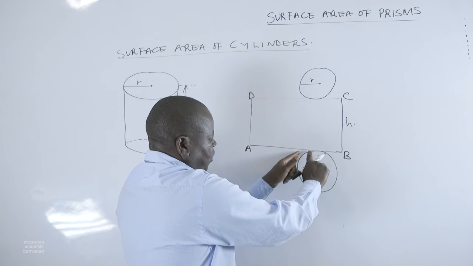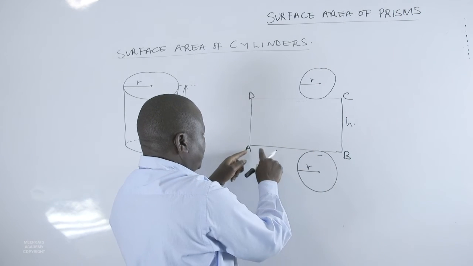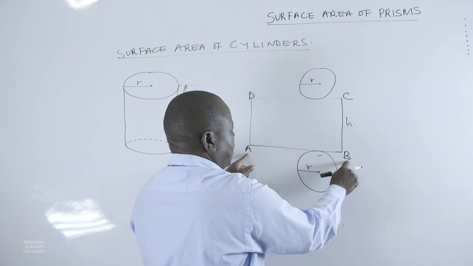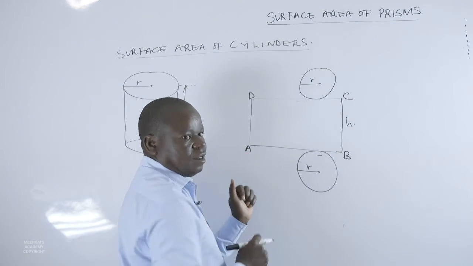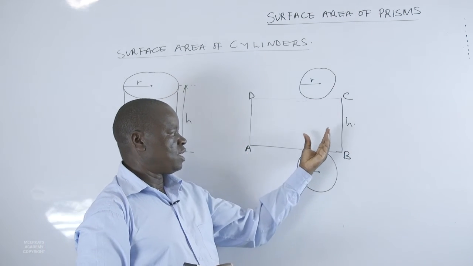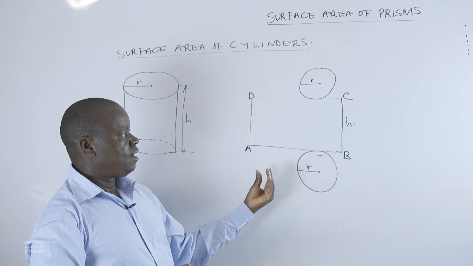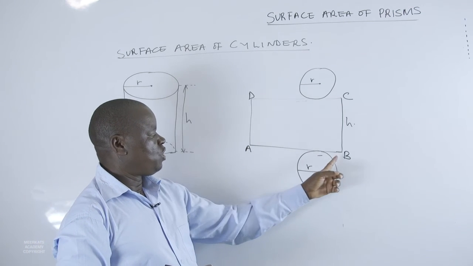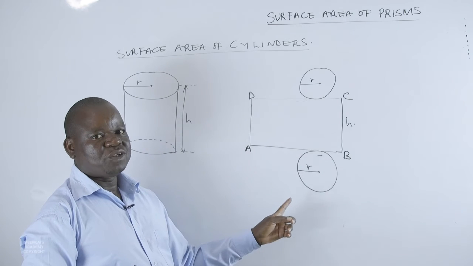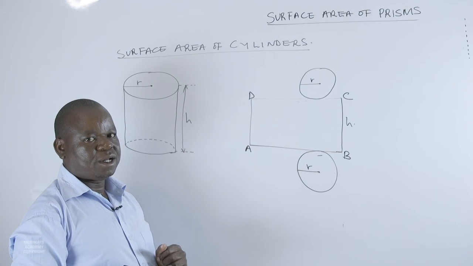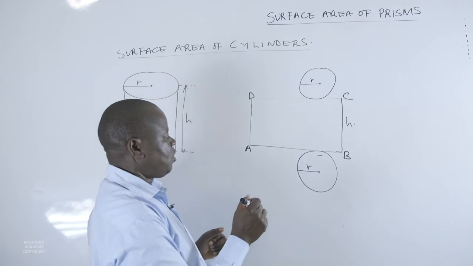So in essence, when we find the circumference of the circle, it's as well as finding length AB or length CD. So it is important to note that. So let's first of all find the length AB by appreciating that the length AB is equal to the circumference of the circular surface.